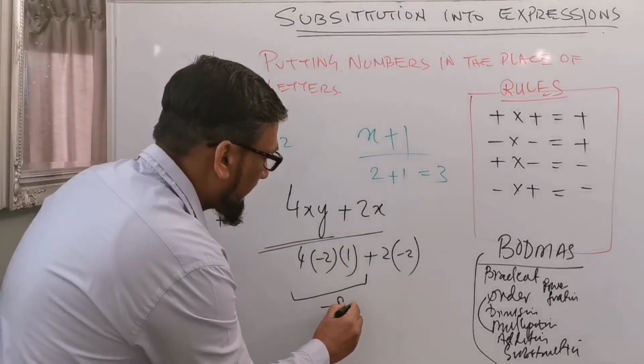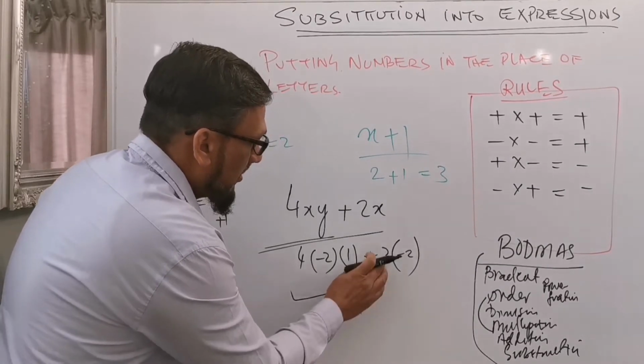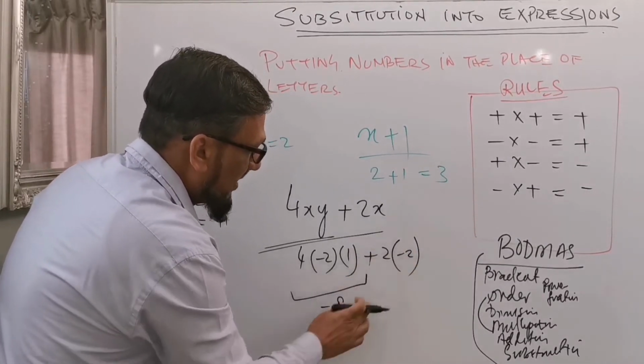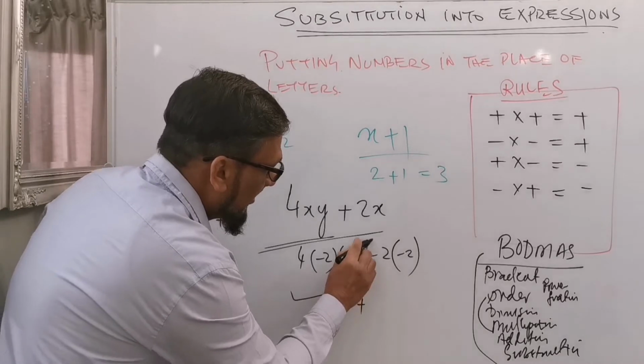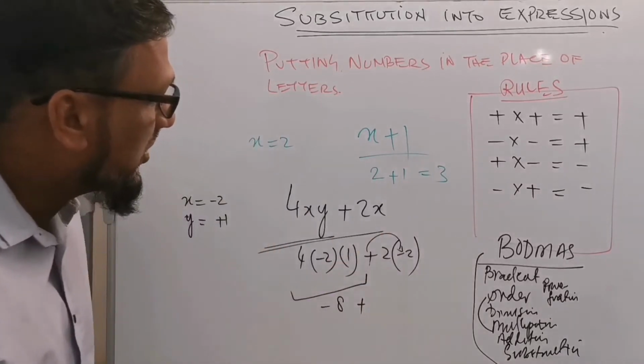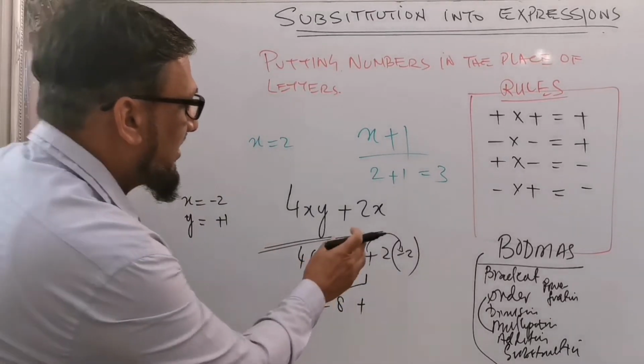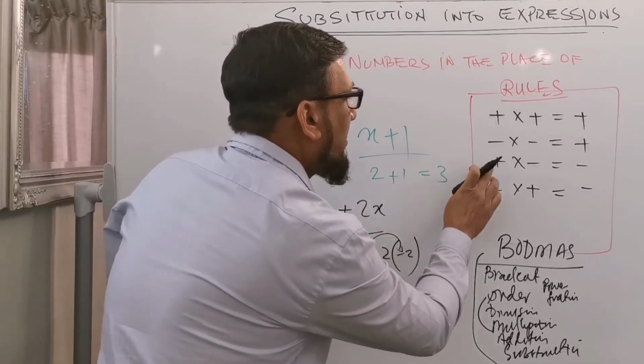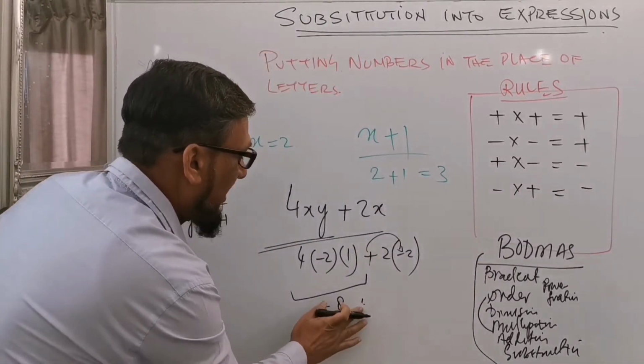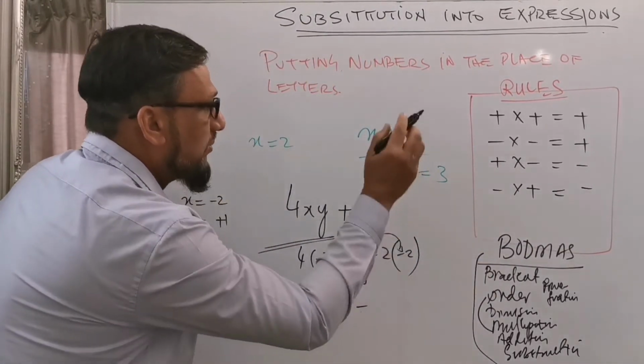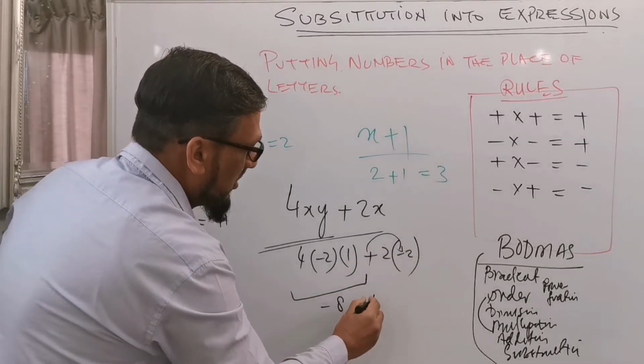Then plus 2 times minus 2: plus times minus is minus, and 2 times 2 is 4.